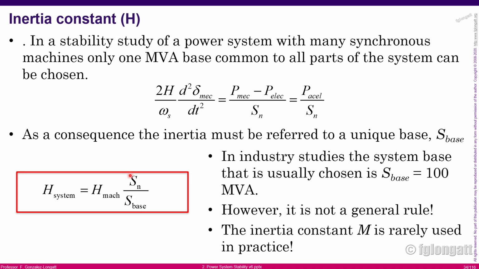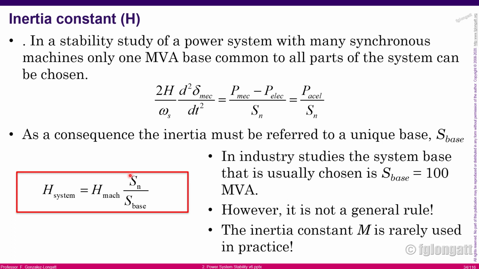What I'm trying to say is that it's typical that we refer all the inertias to the same basis, and to do so, we need to have a power base for the whole system. Some people say, and some books say, that the base of the whole system is basically the 100 MVA.